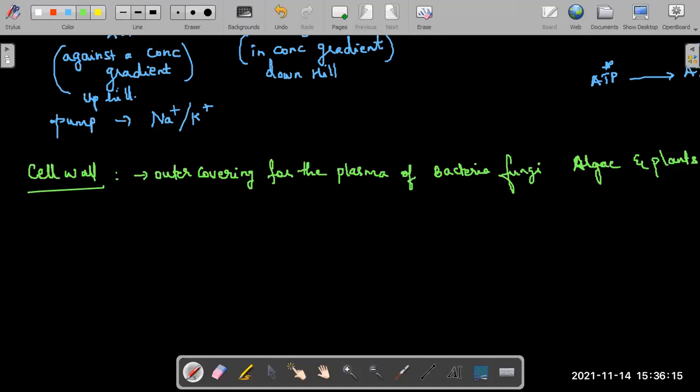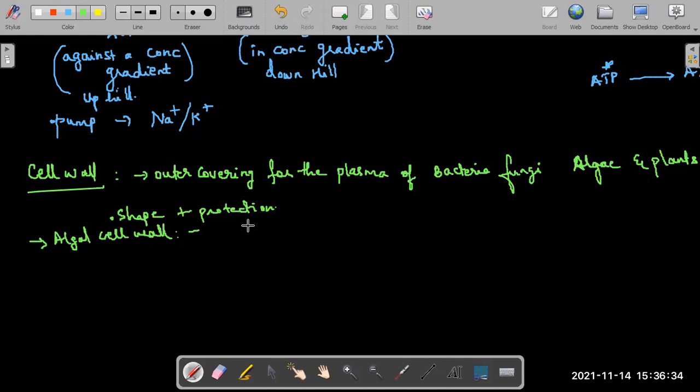The cell wall is not only for maintaining shape, but also for protection against damage and all. So that is why the cell wall is needed. Now you have to know what a cell wall is made up of, its composition.